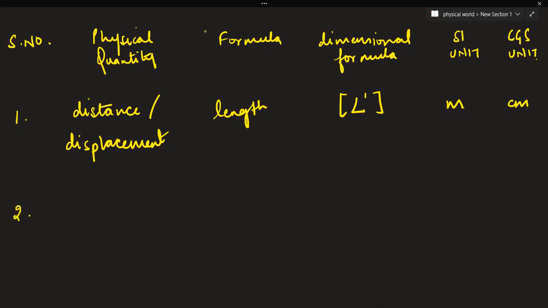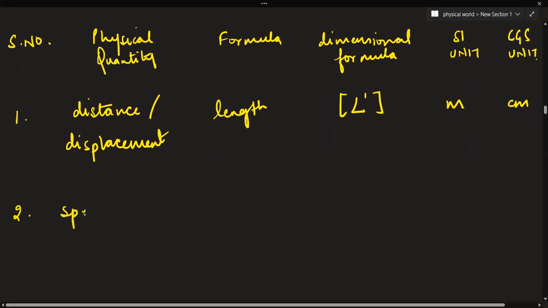Yes, class. Yes, ma'am. Now, second one, let's see acceleration. No, let's see speed first. Let's see speed or velocity. The next chapter that you have, motion in a straight line, deals with all these: distance, displacement, speed, velocity, acceleration.